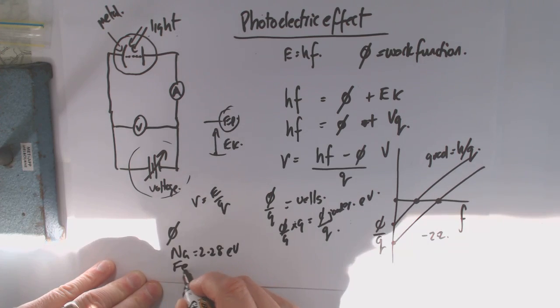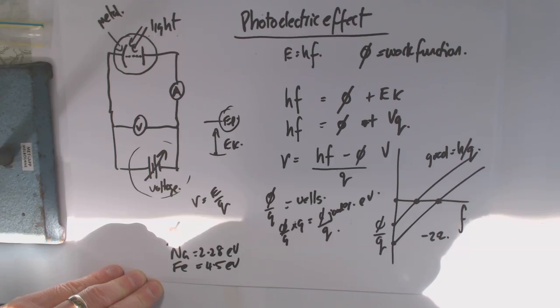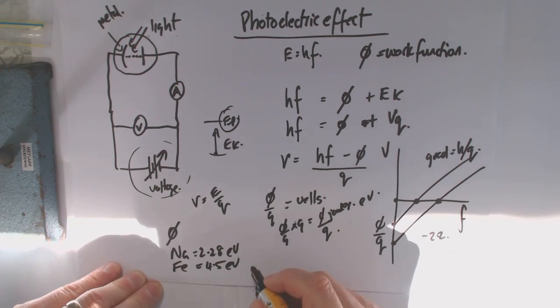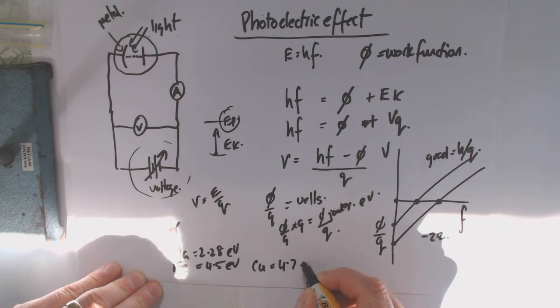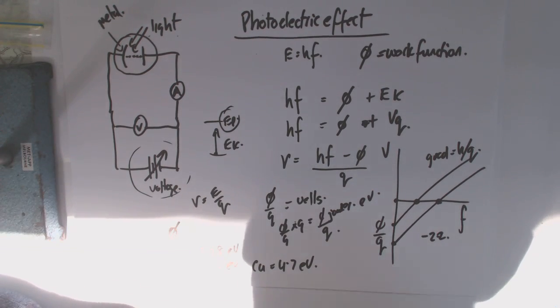Iron equals 4.5 electron volts. Copper equals 4.7 electron volts. So you get an idea. Sodium has a very, very low work function, it doesn't require much energy to release the electron from the metal compared to copper.